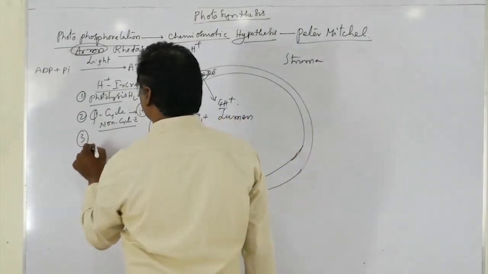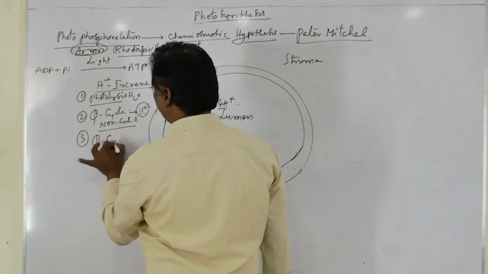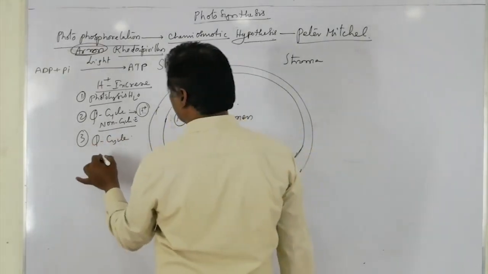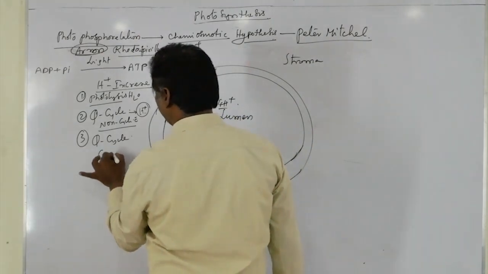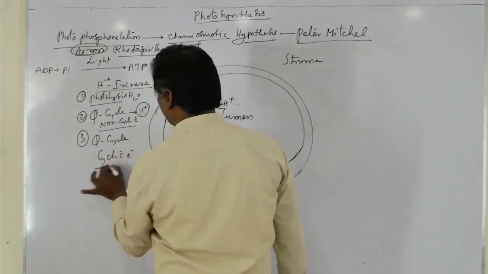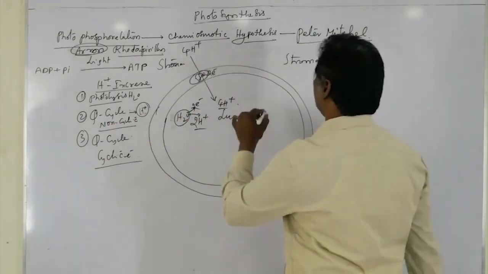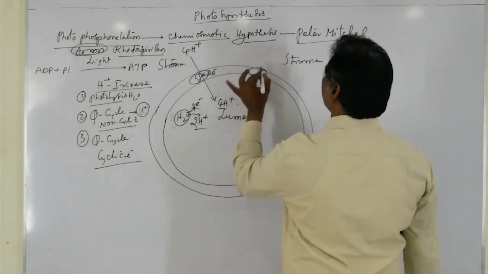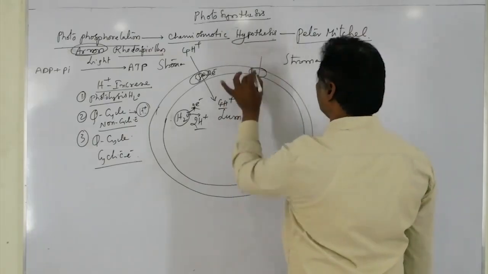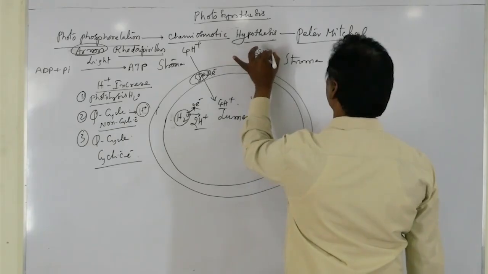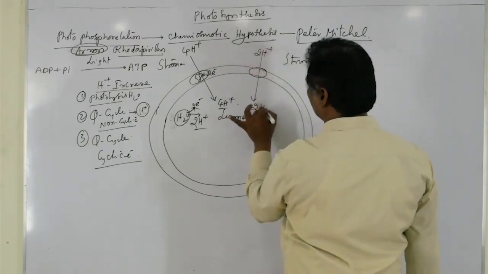And finally, the quinone cycle of the cyclic electron transport. The cyclic electron transport also has a quinone cycle, and that quinone cycle also translocates protons from stroma to lumen.